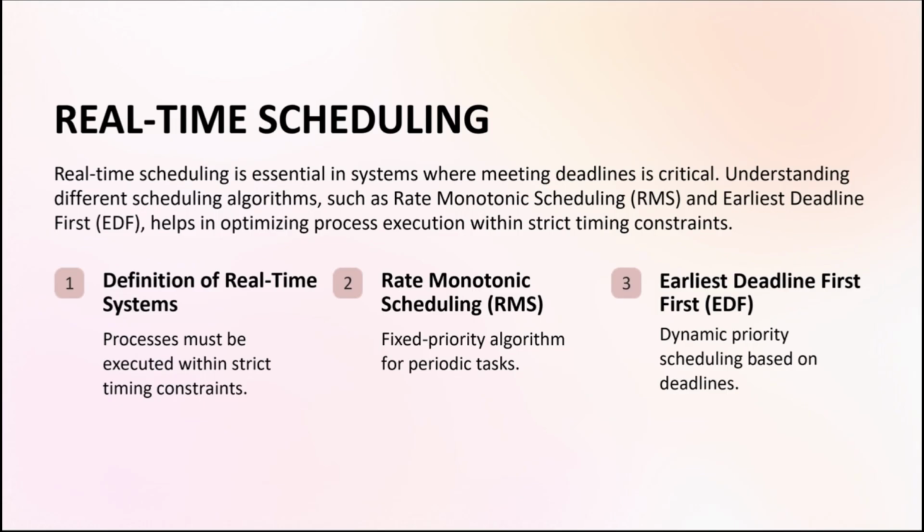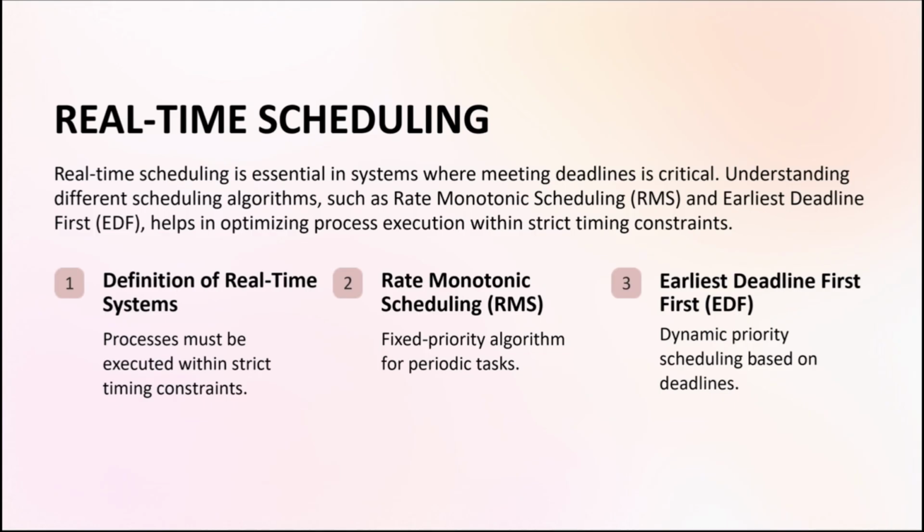Similar to rate monotonic scheduling, we have the earliest deadline first. This one is similar to rate monotonic scheduling, but the difference is that this one is dynamic, it's interactive, it changes. So the earliest deadline first is more flexible. Instead of looking at the periods, which is the time it takes to complete the task, this one focuses on the deadline that the task is assigned.